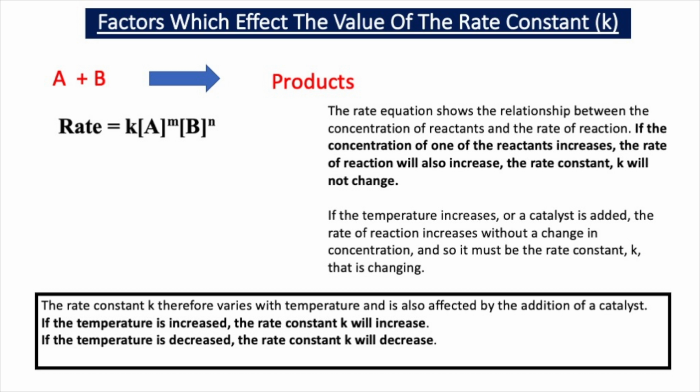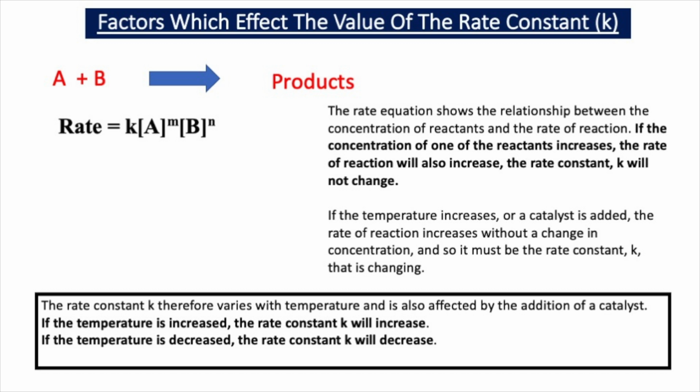That's why rate increases with changes in concentration, because you're changing the values of the concentration terms in the rate equation. Now if the temperature increases or a catalyst is added, the rate of reaction increases without a change in concentration of the reactants, and so it must be the rate constant k that is changing.